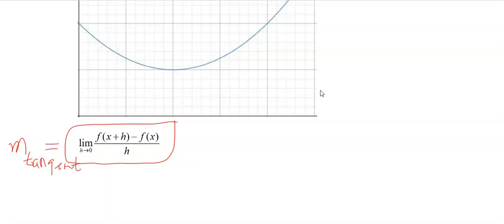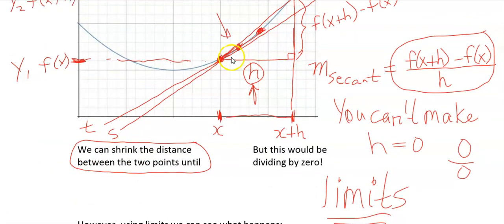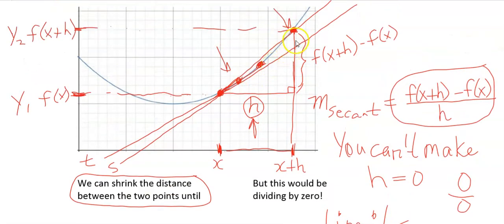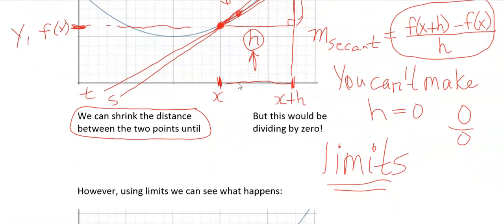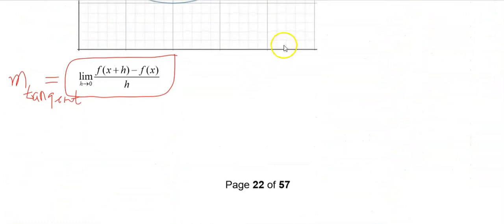You see that? If you could take the limit as h goes to 0, in other words, if you could make that triangle's width 0 or as close to 0 as possible, then what you end up with is that the slope of the secant line is exactly the slope of the tangent line. And that, ladies and gentlemen, is where this formula comes from.